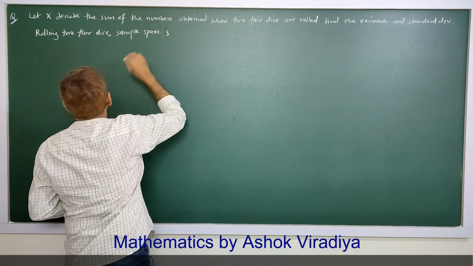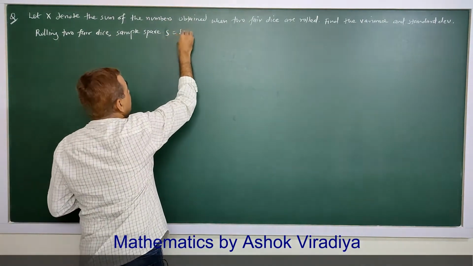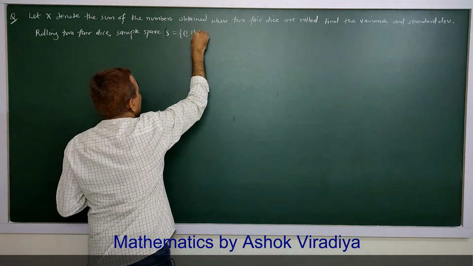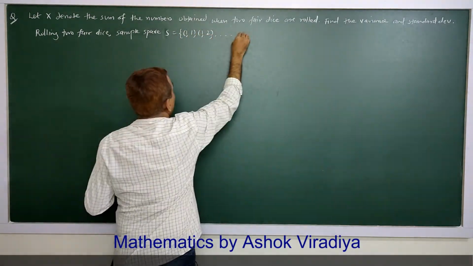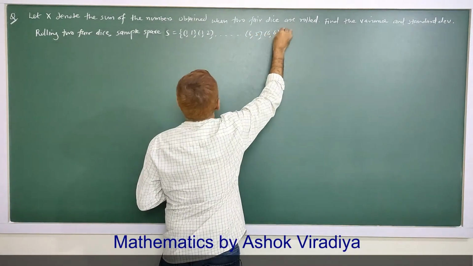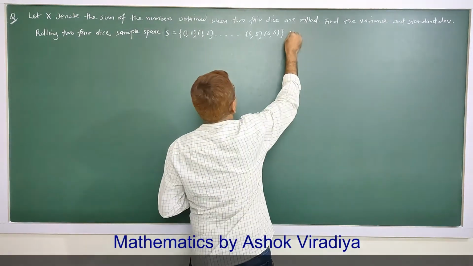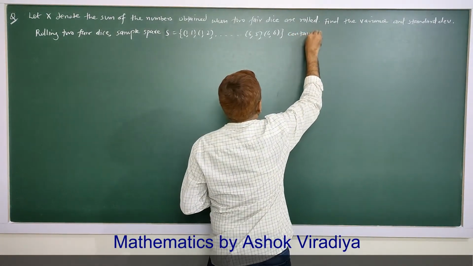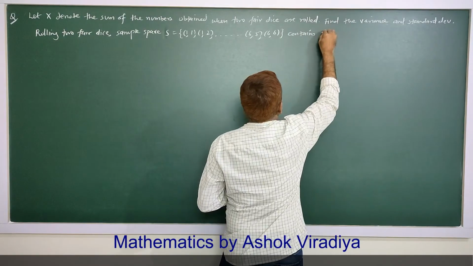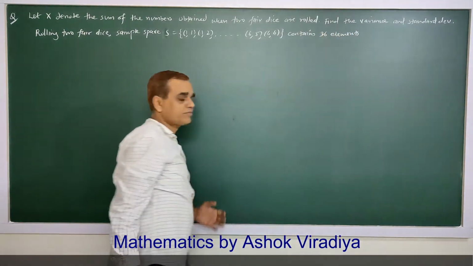Sample space S, rolling 2 dice, has these elements: 1 1, 1 2, up to 6 5, 6 6, 36 elements, 36 ordered pairs.